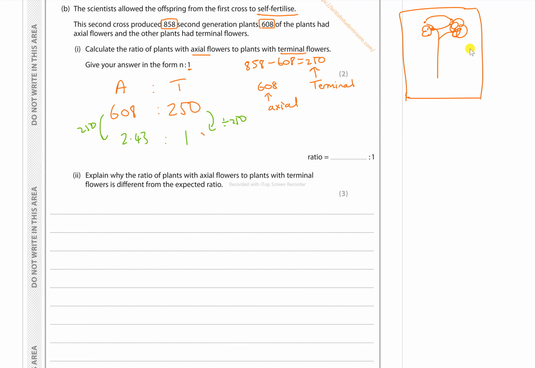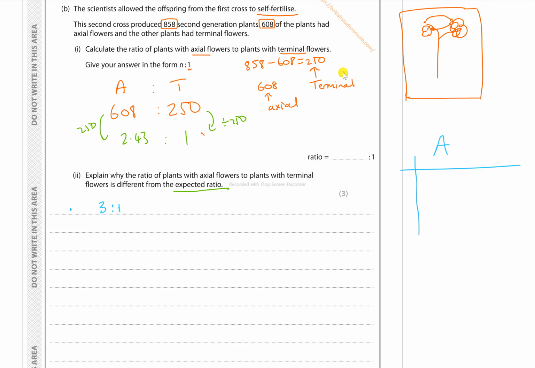There you go. Explain why the ratio of axial plants to terminal plants is different than the expected ratio. Right, so 3 marker. Again, I'm just looking at the mark scheme, I've not seen this before. The expected ratio is 3 to 1. Come over here and have a look.